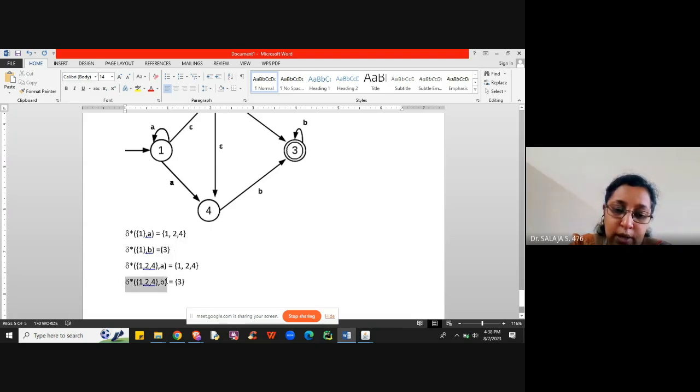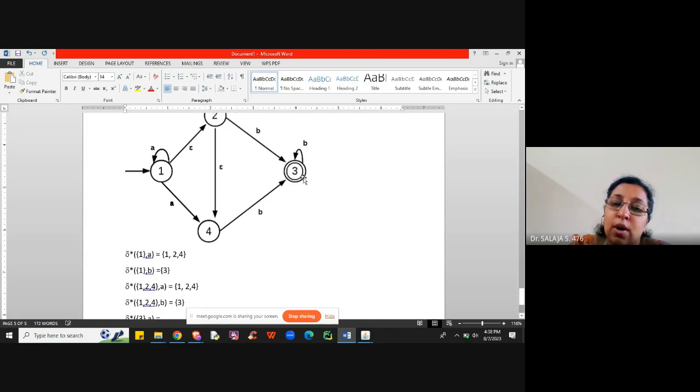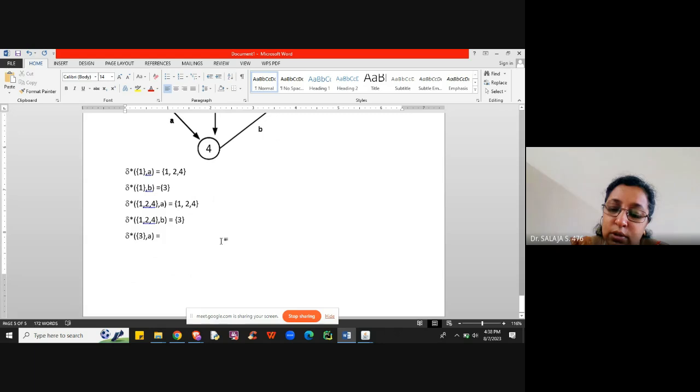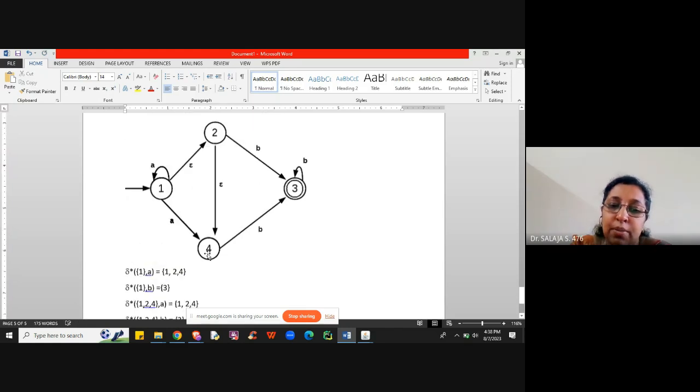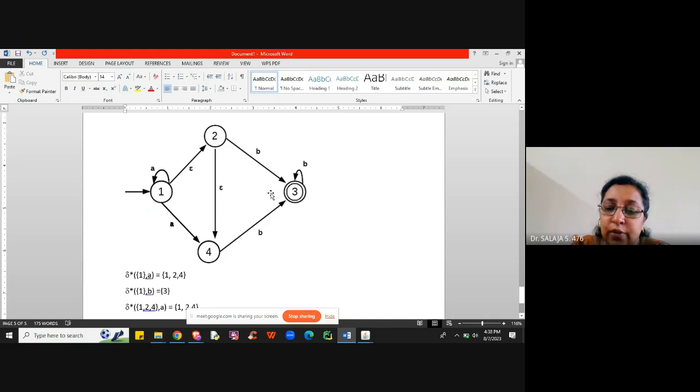So we'll go ahead with the transition on 3. 3 on A. From 3 you have only one transition on B to itself. So 3 on A is a null set. Then we'll move ahead. 3 on B. You have a loop to itself.